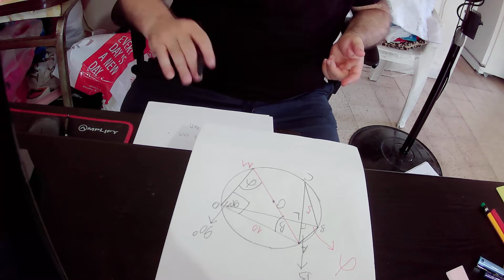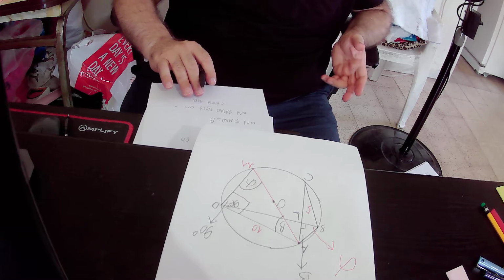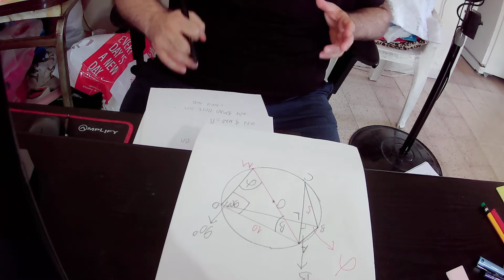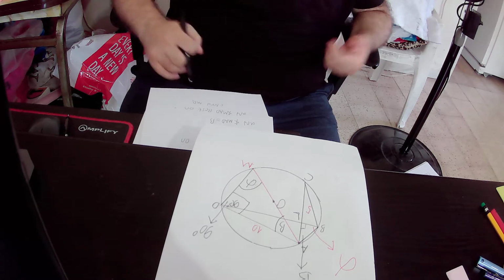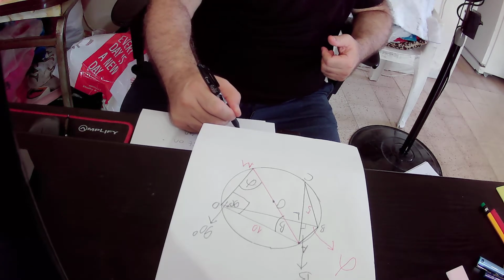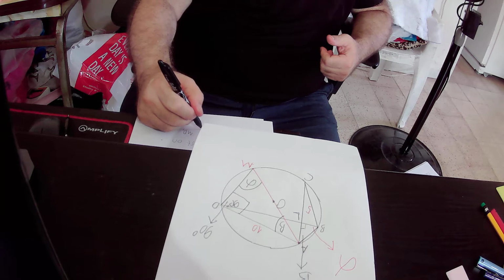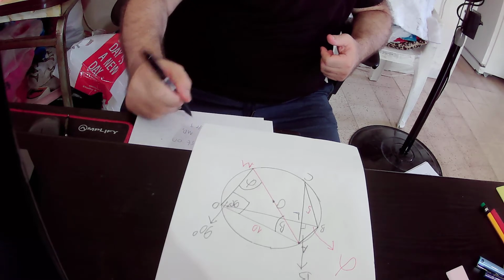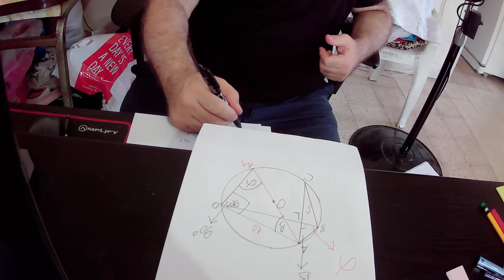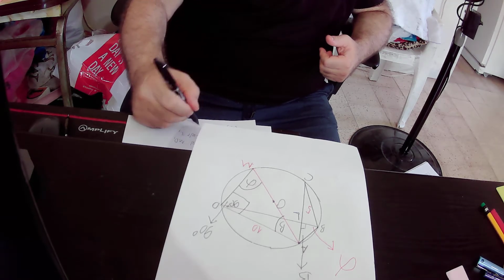So because those two angles are equal to each other, both of them equal to angle beta, according to rule number 3, they rest on equal chords.